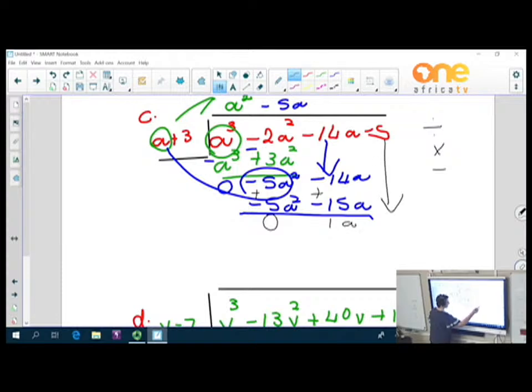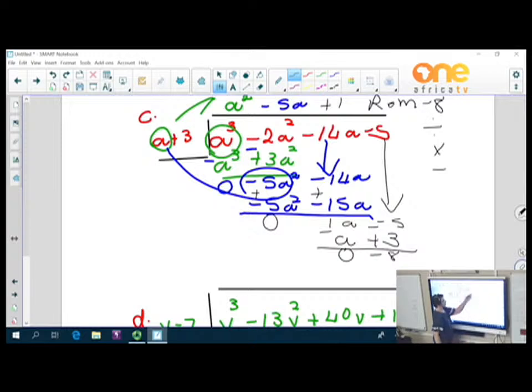We bring down that one, the negative 5. And we repeat the same thing, and it will now be positive 1. Multiply, then you have a plus 3. Subtract, so we change the second signs, and this one is then negative 8. So remainder, negative 8. This is the quotient, there's the remainder.